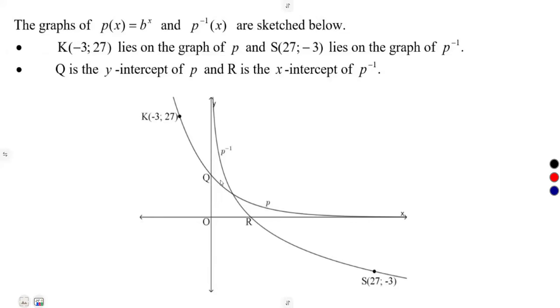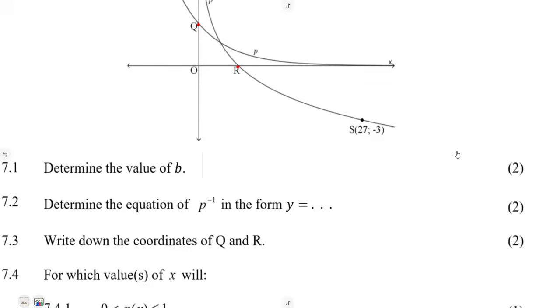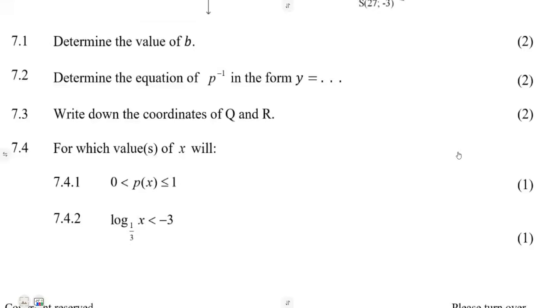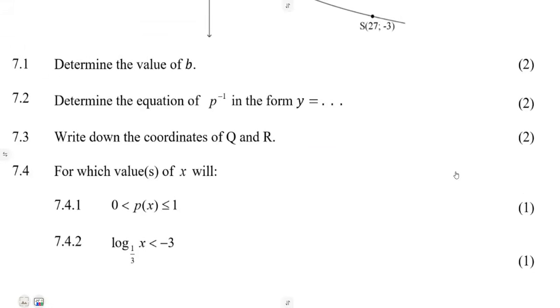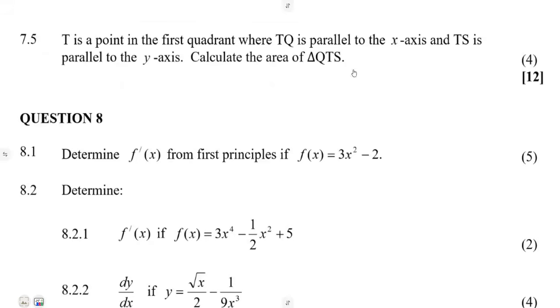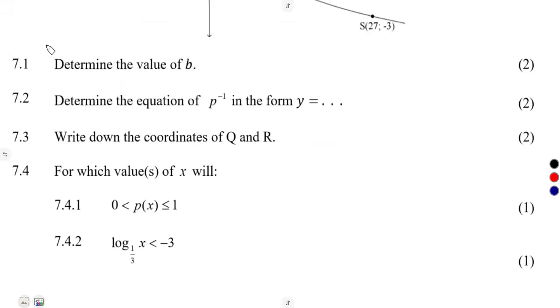Then Q is the y-intercept of P here, and R is the x-intercept of the inverse of P, all right? So with these two graphs, these are the questions that we were given that we need to answer, and also this part on 7.5, all right? So let us see.